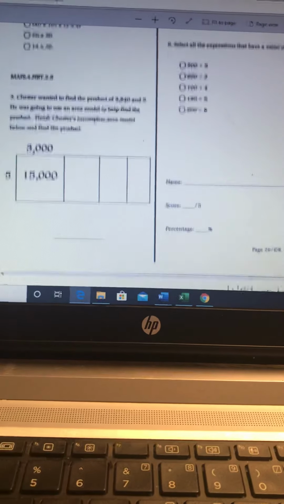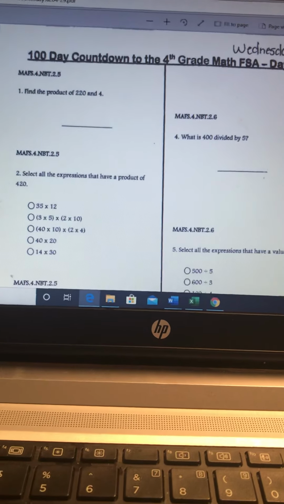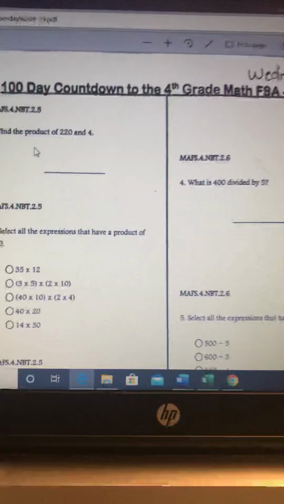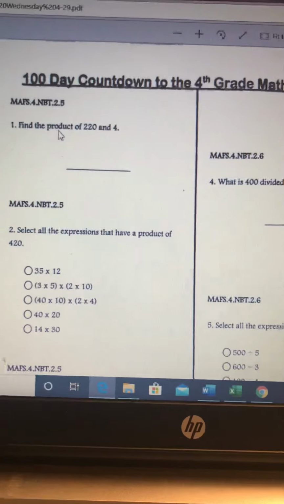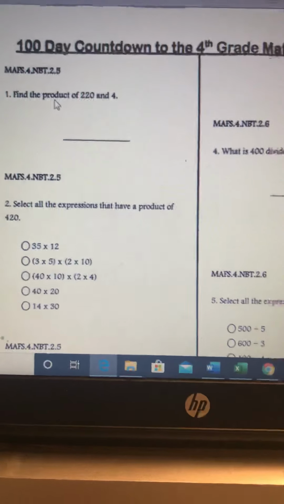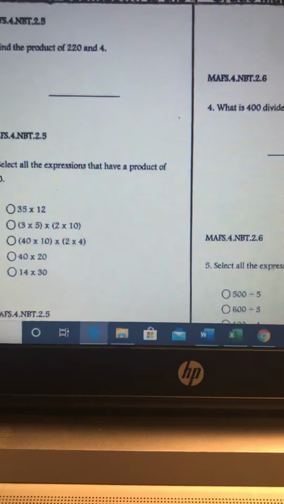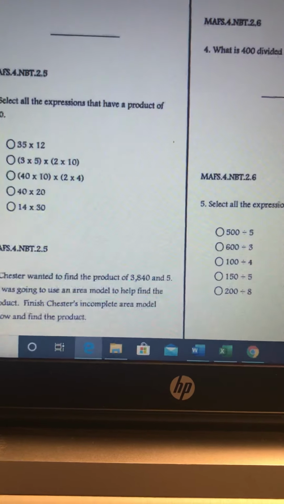Your FSA countdown page is on multiplication and division. So for number 1, it says find the product. What does that key word mean to do? What does product mean to do? Are you adding, subtracting, multiplying, or dividing? Number 2, select all the expressions that have a product of 420.